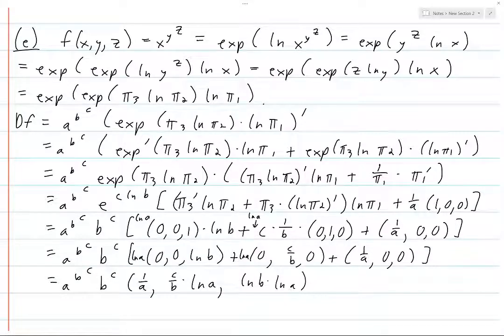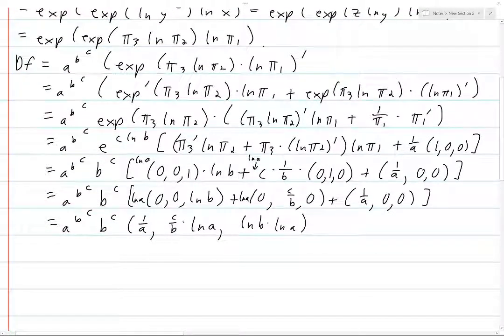And so yeah, that does part E, and then let's go ahead and do part F as well. F is sort of similar, it's actually a little quicker. We're going to have f of x, y, z equals x to the y plus z. And we do the same standard thing.